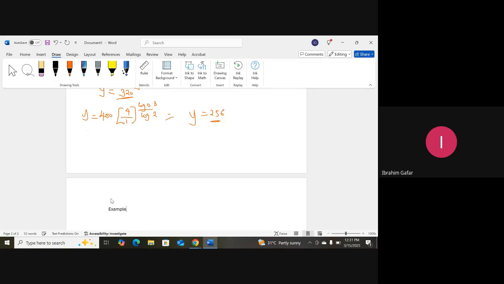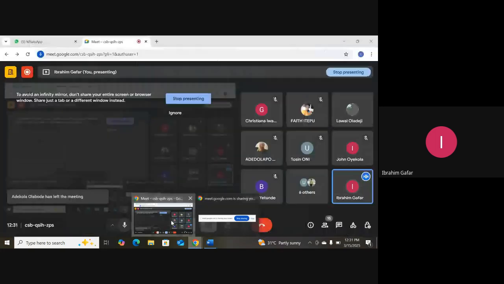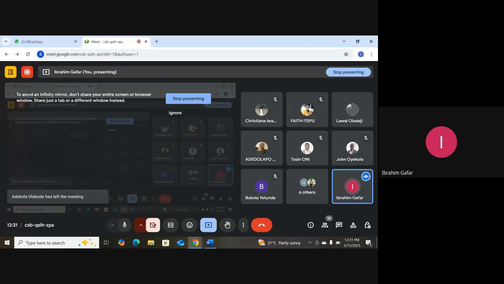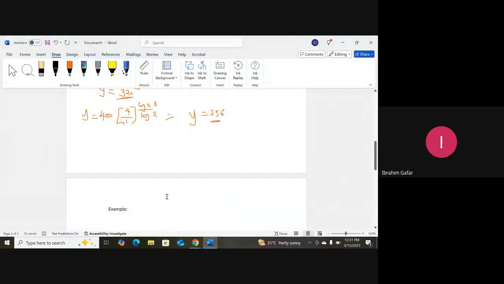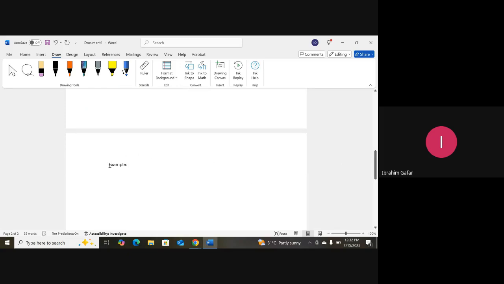Example 2. We are still going to a tough area. Please, just understand the concept before we get to the very tough area, because those areas are what we are expecting from the exam.